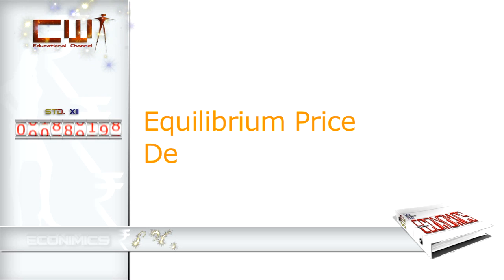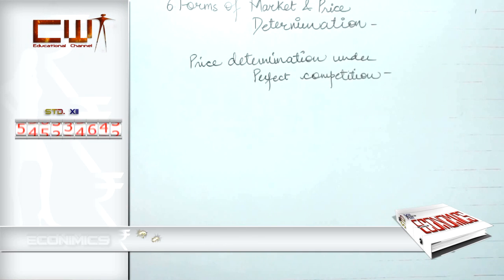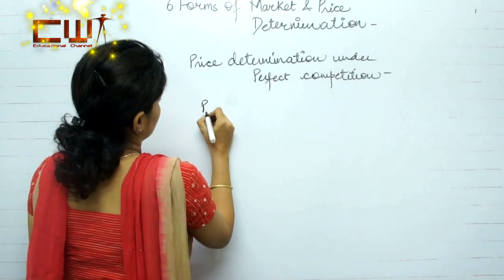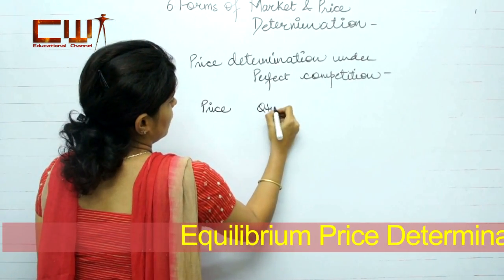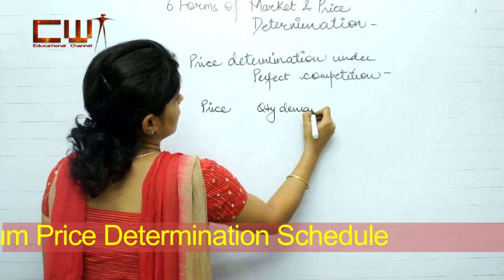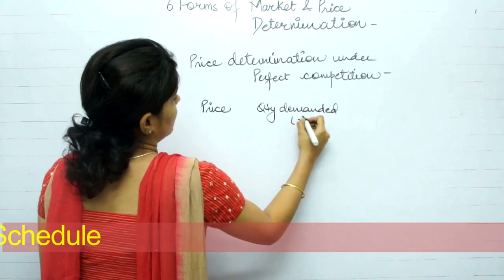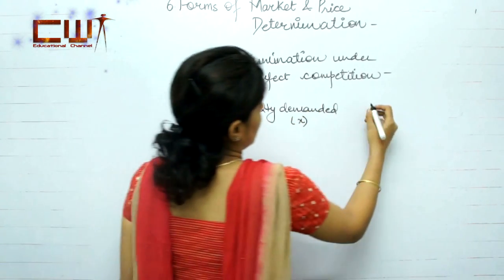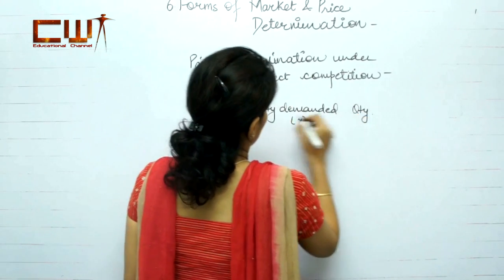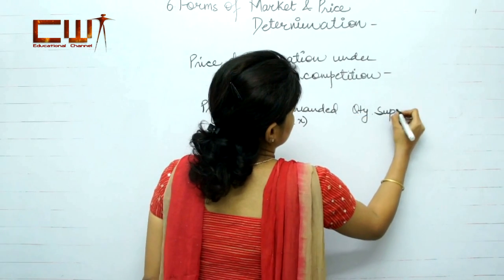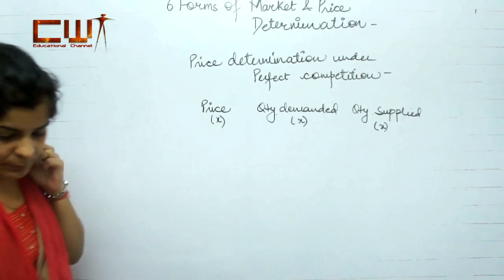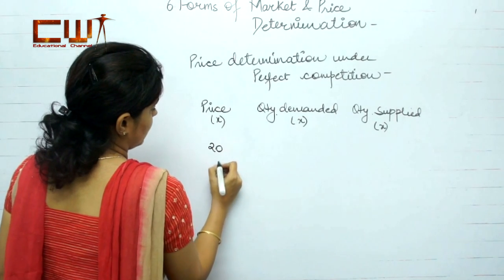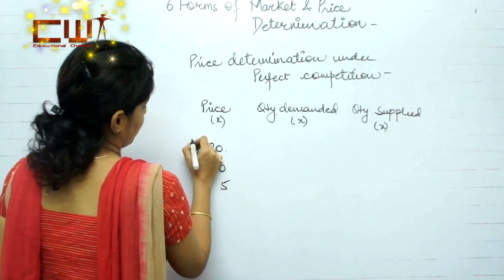We will make the schedule for it. You have price, then the quantity of X demanded and the quantity of X supplied. Suppose you have the prices as rupees 20, 10 and 5.